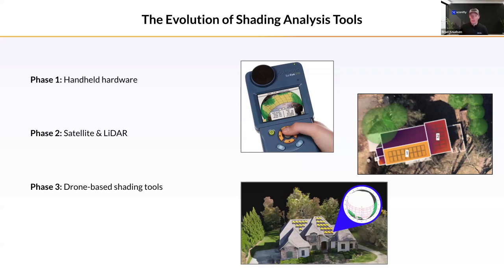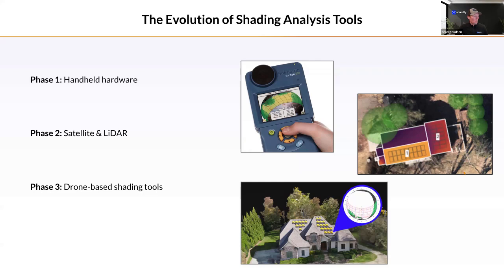But as we all know, there are inherent accuracy issues relying solely on remote imagery and shading data: risk of being outdated, blurry, and it leads to a whole host of problems downstream in a solar project if you aren't going on site and validating things with either manual measurements or tools like a SunEye. And now, phase 3 of the historical shading timeline is drone-based shading tools in software like Scanifly.